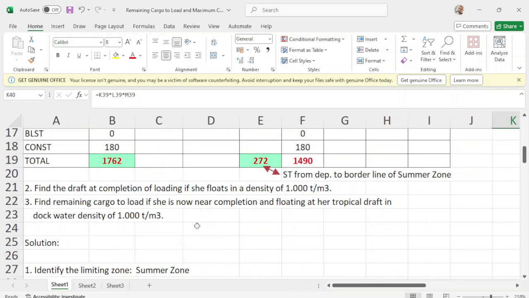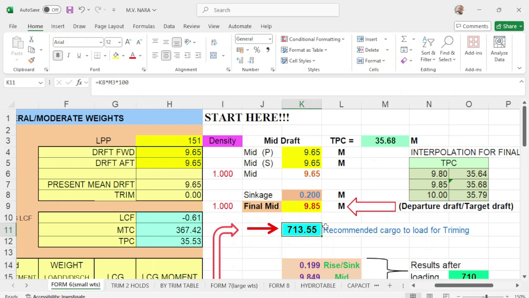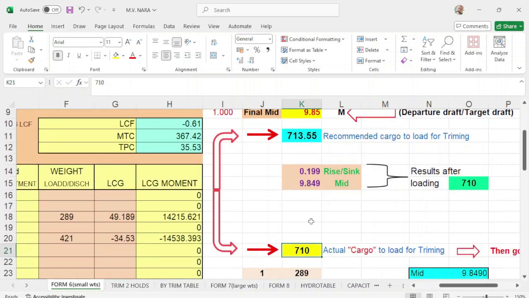So it's only remaining cargo to load. She stops here. So we will continue, guys. Meaning the problem only stops here. So our recommended cargo for trimming is 713.55. So we make it 714. Okay, make it 714. And what happens? It will load 714.